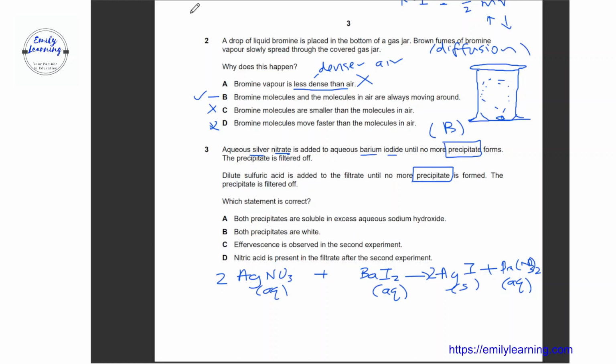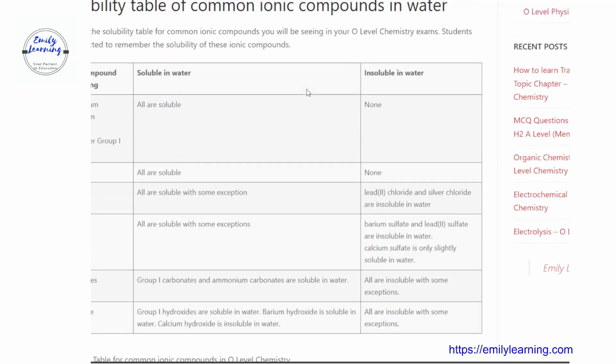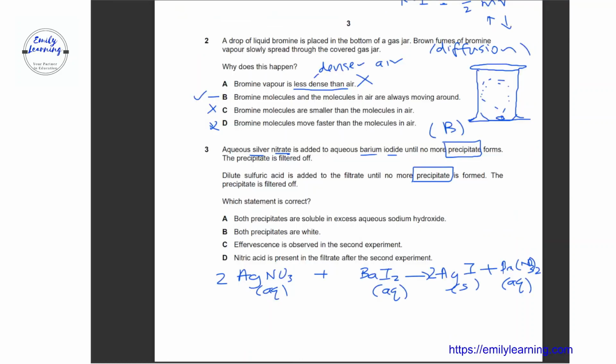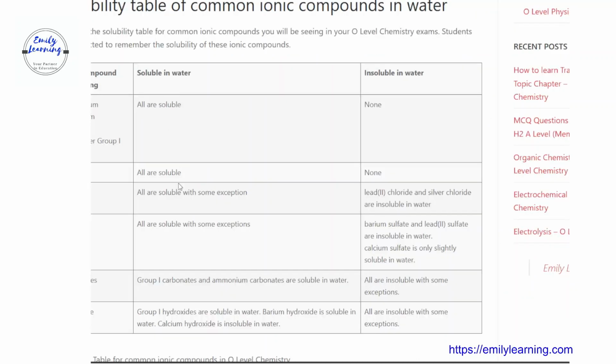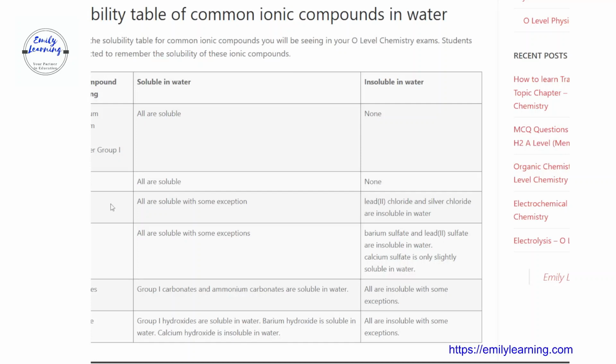If you look at the solubility table that you have learned, I'll provide the link in the description below for the solubility table if you're interested. If you look at nitrates, all nitrates are soluble. So we know that definitely the barium nitrate formed is not the precipitate. Next, we look at the chlorides, which will also apply for your iodides as well as your bromides.